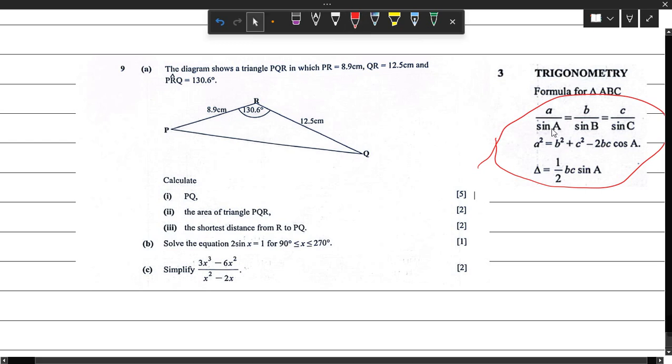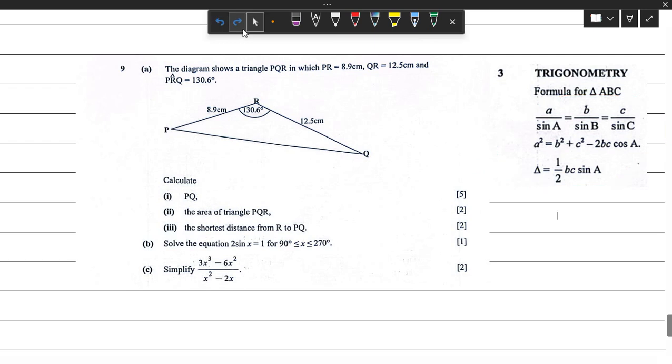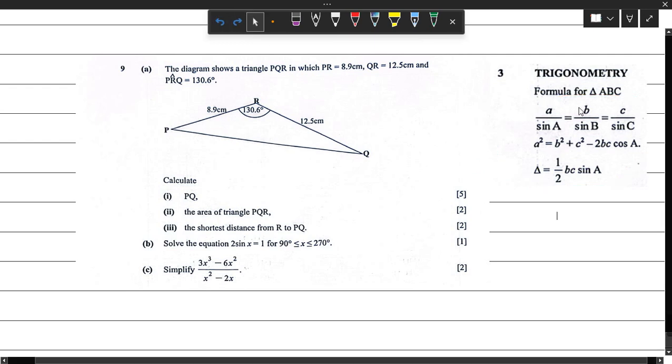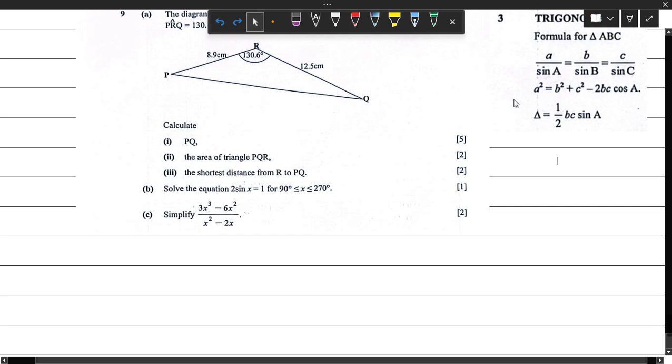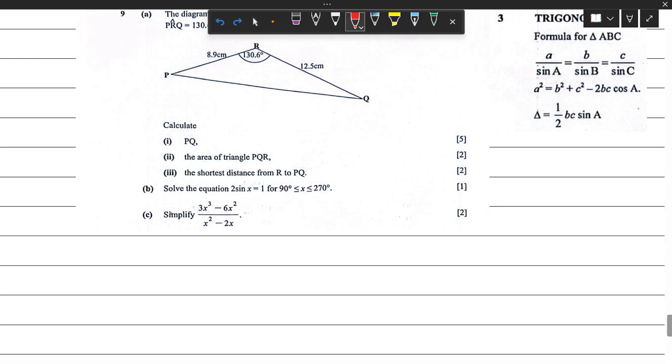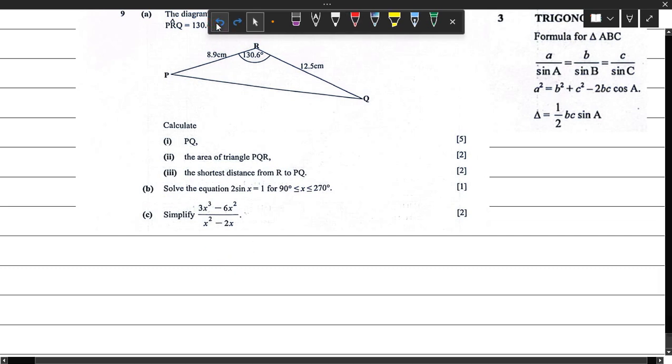There is the one we call a sine rule. A sine rule is used to calculate, written like this. Sorry about this, let me erase and write again.